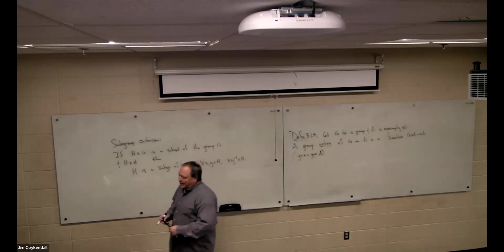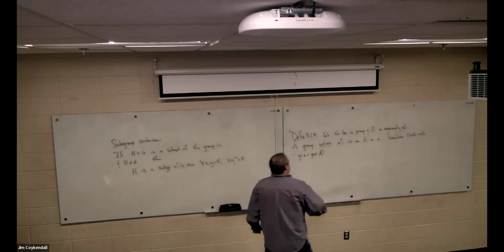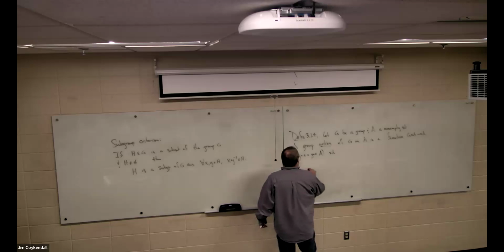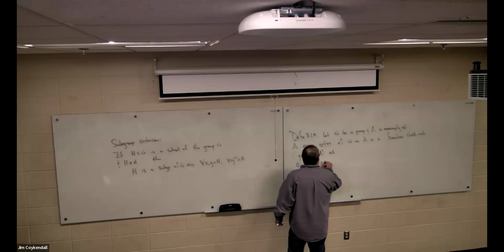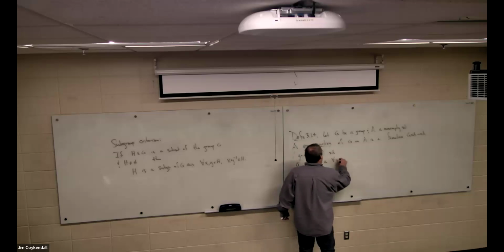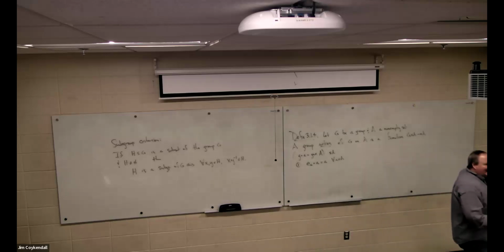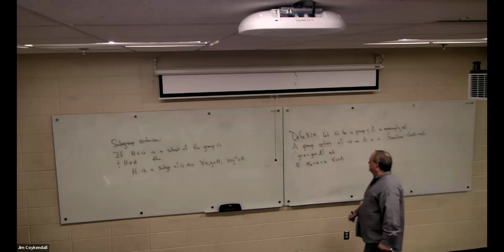But not just any function. I want it to behave nicely in a couple ways. Such that, number one, the identity of G acting on A is equal to A. So in this action, I want the identity to leave everything in the set alone.